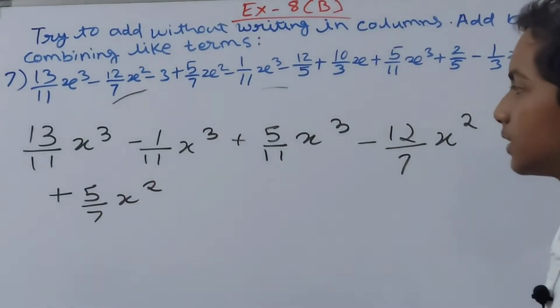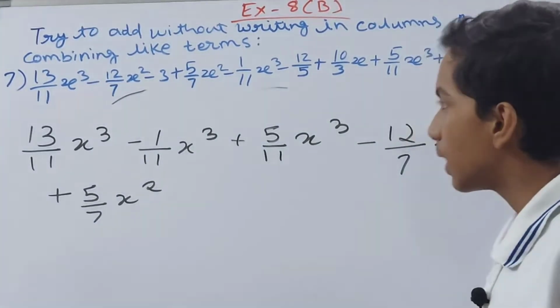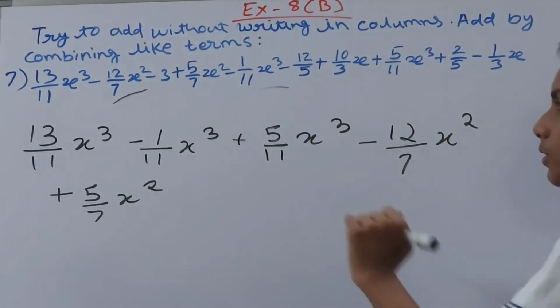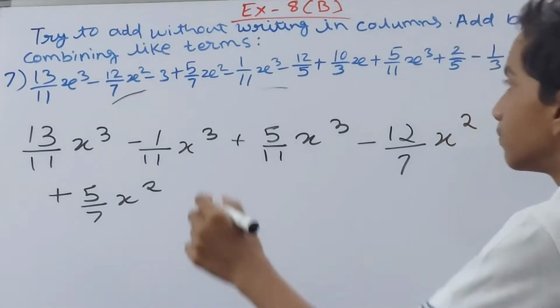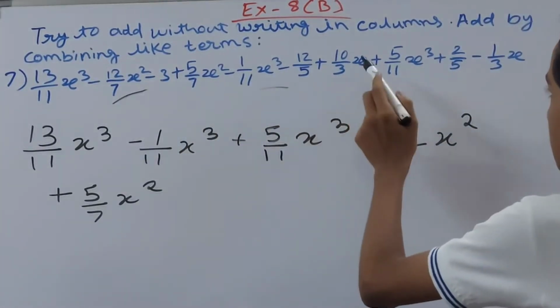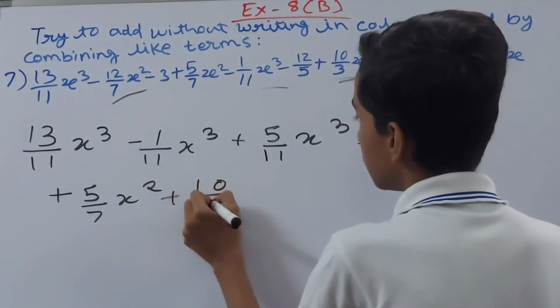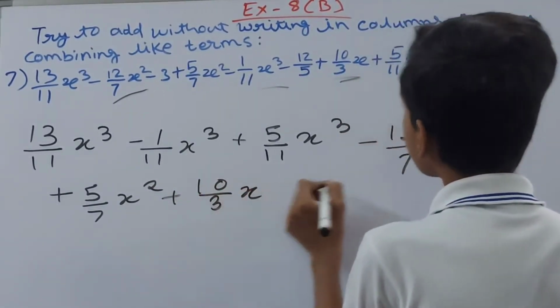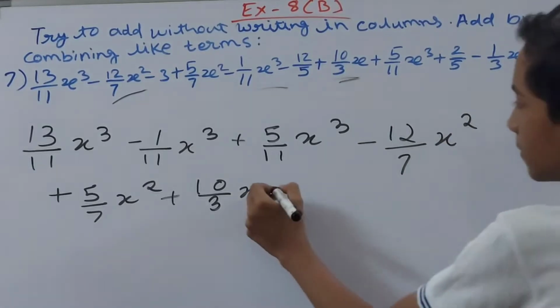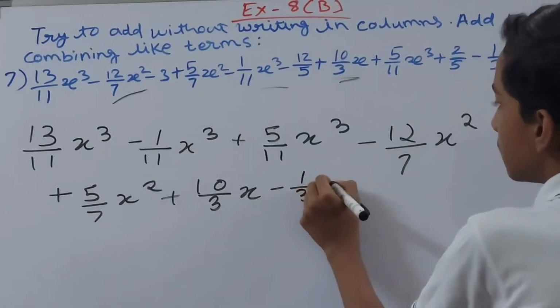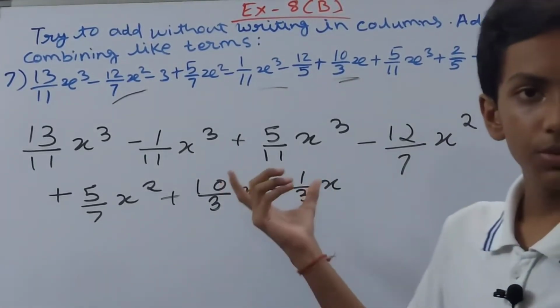No. So just these 2 terms with x square. And next we move on to terms with 1 as their degree. So in this, any term has 1? Yes, this has 1. This is plus 10 upon 3x, and this one also minus 1 upon 3x, right? So the terms with 1 as their degree.